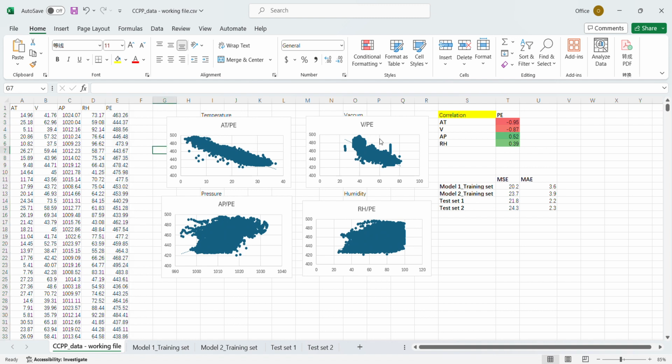As you can see here, the temperature and vacuum are highly negatively correlated with the output. Pressure is positively correlated with the output, while the humidity is the least correlated.